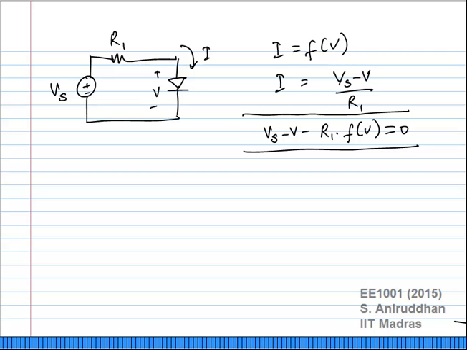Obviously, there are issues with just blindly using successive iteration. We won't go into that here, but typically simulators would be using one of these numerical methods to get to the final answer, especially when f of v may be any arbitrary function. Especially if it's an exponential, it's not so easy to solve in a straightforward manner.